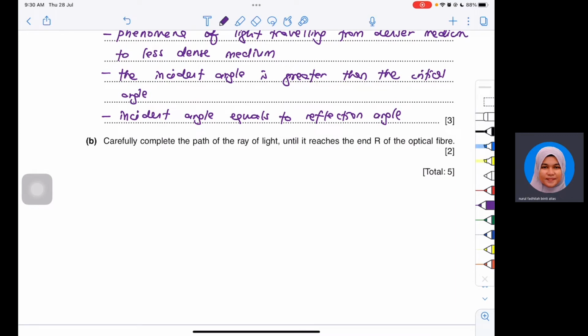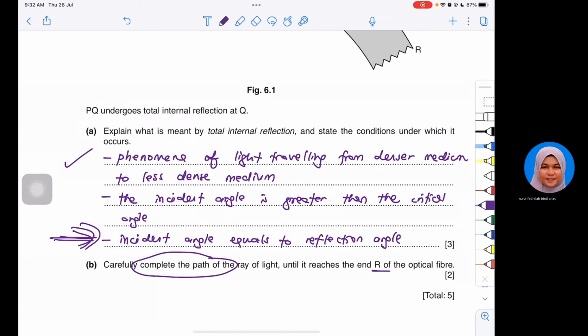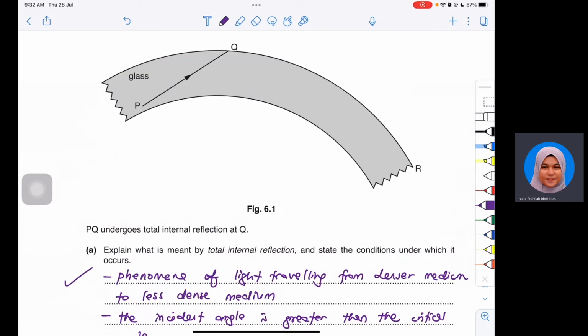Carefully complete the path of the ray of light until it reaches the end R of the optical fiber. Who has drawn? I would like to see your answer. Incident angle equals reflection angle.